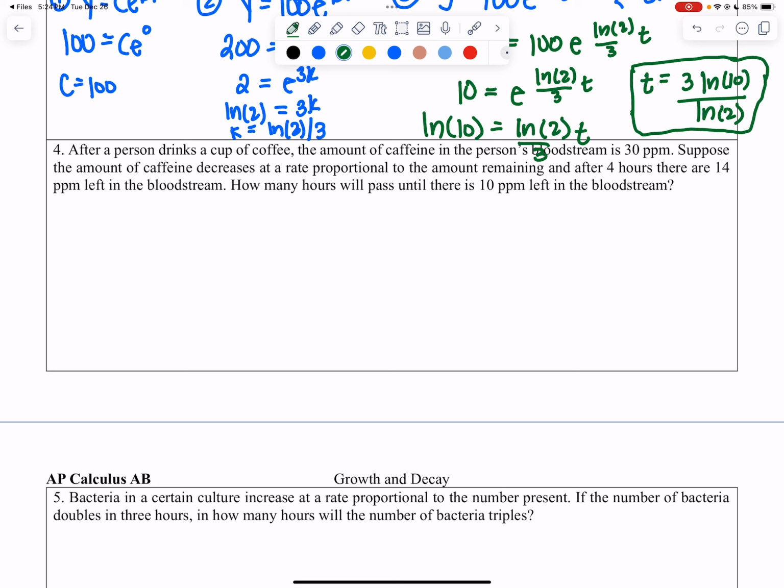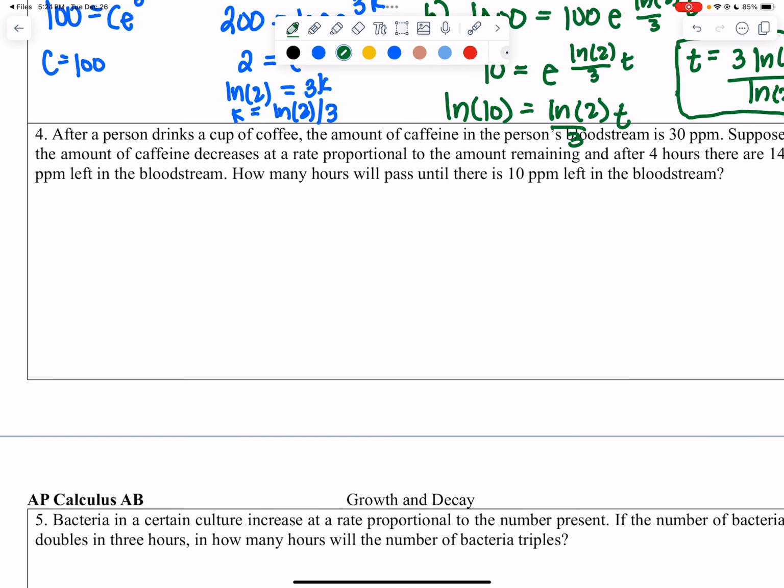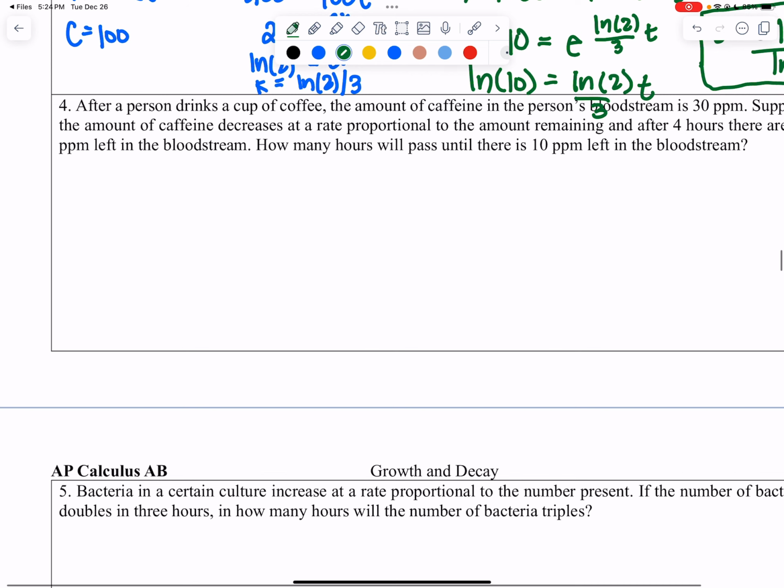All right, once again, I'm going to have to find out what C is, and then I'm going to find out what K is.